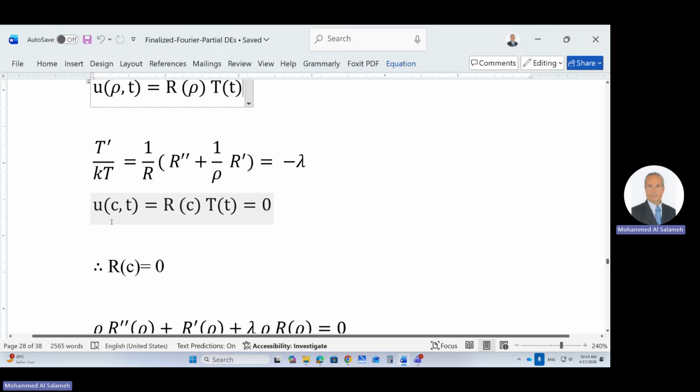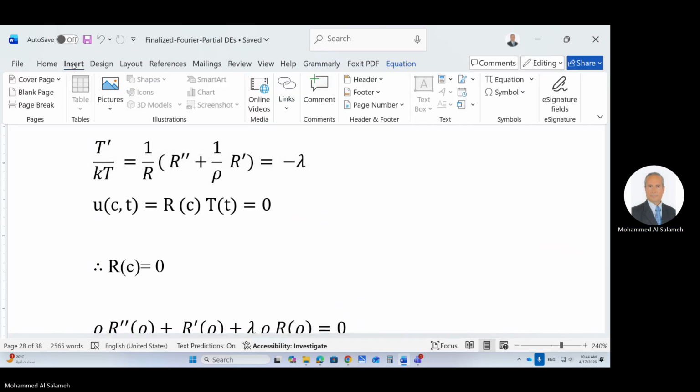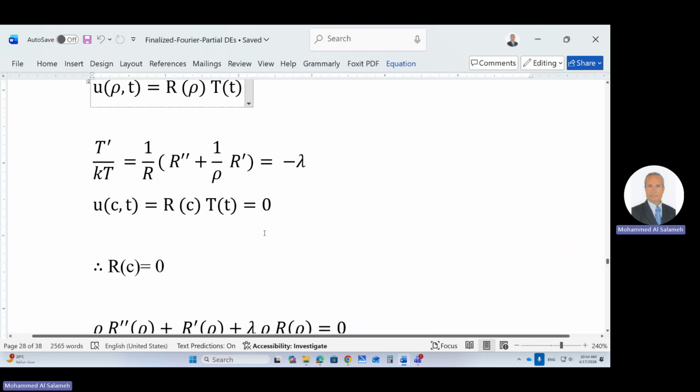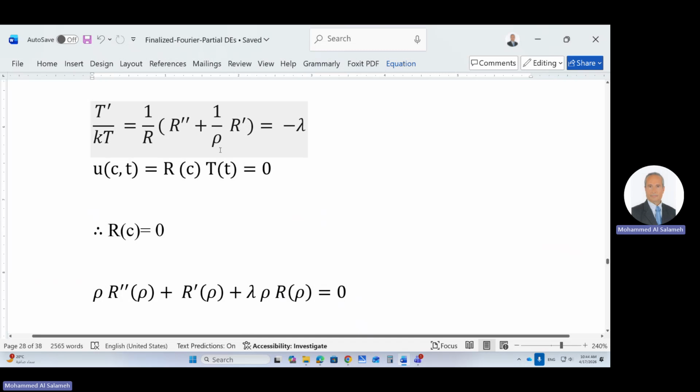Now we want to apply the boundary conditions. U at the outer surface, rho equals C, is equal to 0, so if you substitute rho equals C here, we cannot say that T as a function of t is equal to 0.